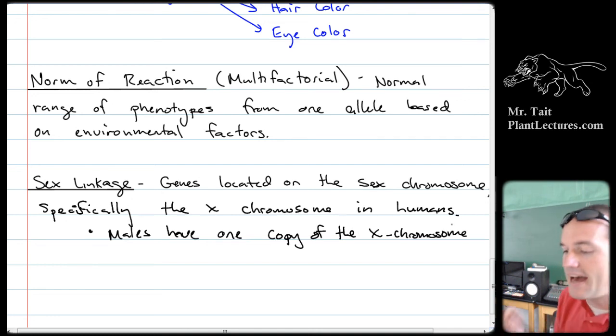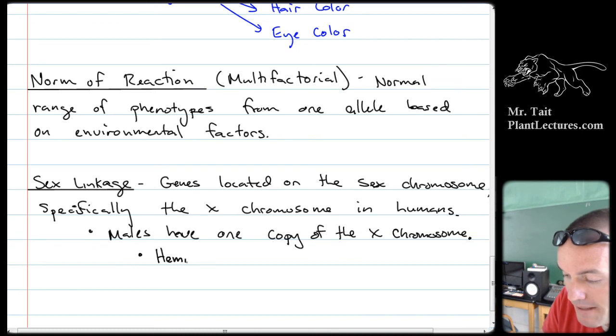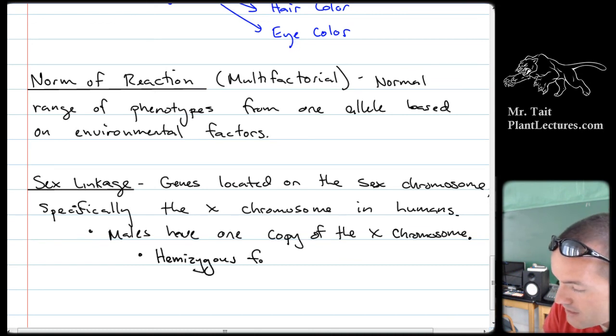That means that there's no such thing as dominant and recessive for males if it's sex-linked, because we're only going to have one copy, no matter what. Okay. Instead of calling us homozygous or heterozygous, then we refer to males as being hemizygous for sex-linked traits.